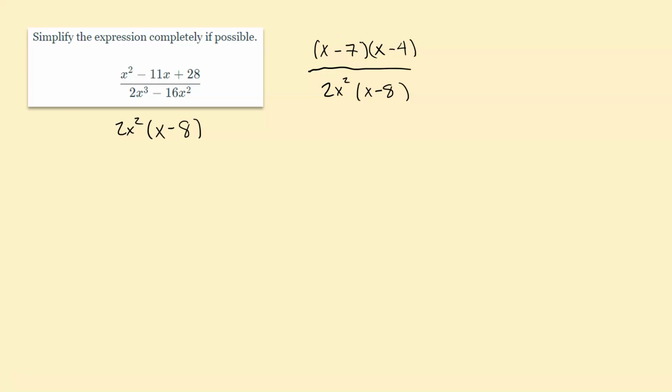We have x minus 7, x minus 4, 2x squared, and x minus 8. Those are all of the factors we have. None of these cancel. So look back at the question: simplify the expression completely if possible. This one, not possible to simplify any further. So this is the most simplified version of this.